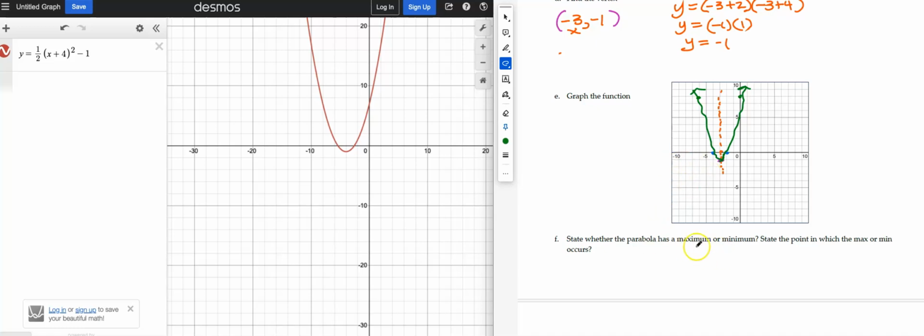Yeah, and so the maximum or minimum is always going to be at the vertex. So you want to look at the vertex to help you figure that out. All right, so if we're looking at that point, we're saying, okay, that's the lowest part of the graph. So that means it's a minimum. And then it's just asking, what's the point where it is that minimum? And it's the same as the vertex that we listed above, which is -3, -1.